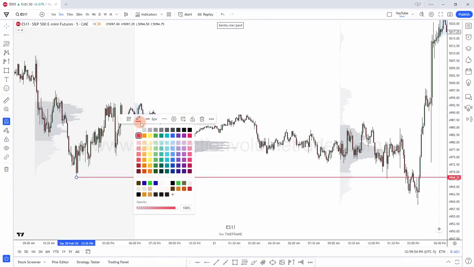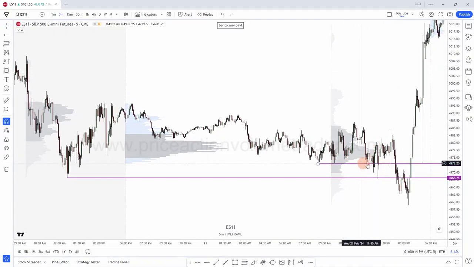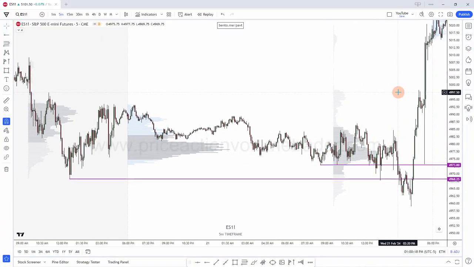Let me mark it off. Let me make it purple. This is the low from the last day's regular trading hours session. And then down in the extended trading hours, you can see we also had a low right here, which these levels proved to be very significant support levels during these sessions.